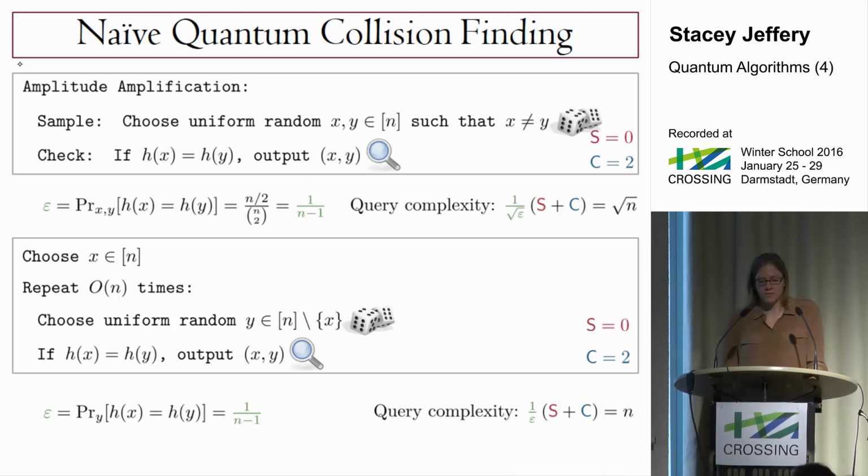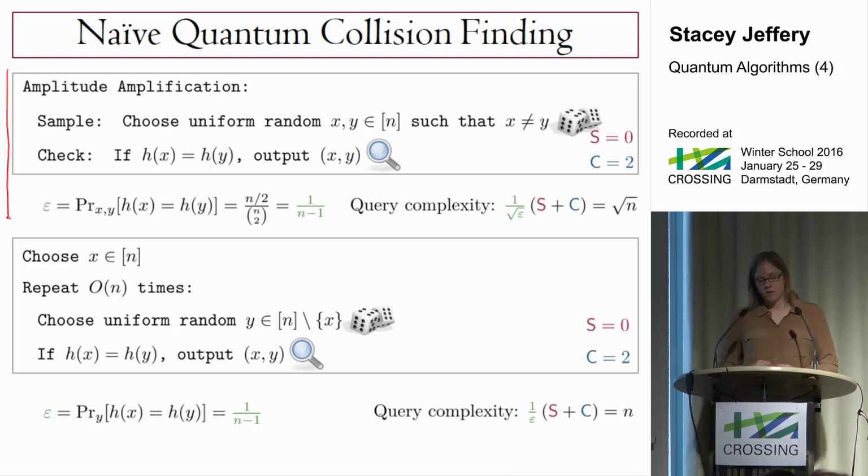So now we get a quantum algorithm from the first algorithm. Again, we have some sampling step, and instead of actually choosing a uniform random x and y, that's going to correspond to creating a uniform superposition. But I promise that you don't have to think about any quantum stuff when you design these algorithms. The complexity is going to be the same as choosing a uniform random x and y.